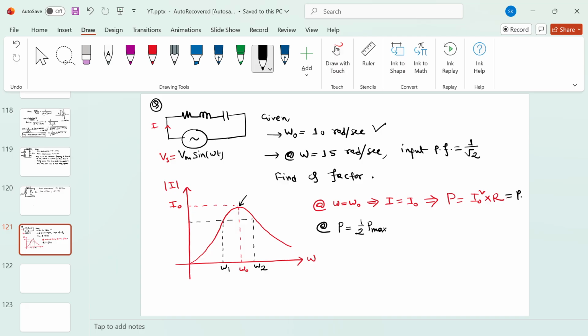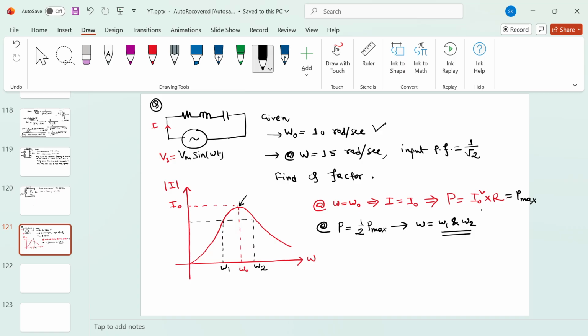This is my P max, the maximum power delivered. At these two frequencies you get some impedance, because of which you get half of the maximum power.